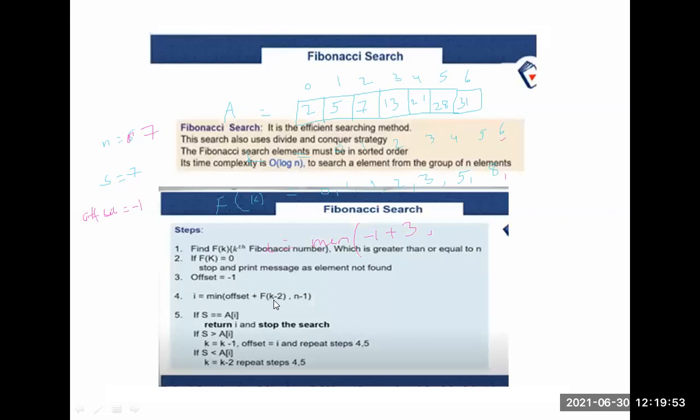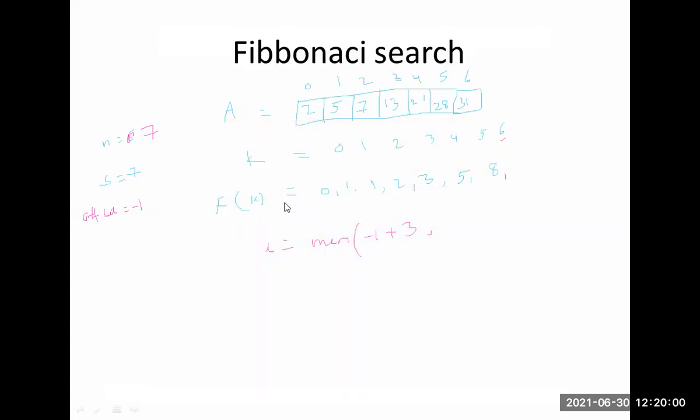Offset plus f of k minus 2. Okay. So what is the k value here? The k value is 6. So 6 minus 2, that is 4. So in this, the fourth value is 3.